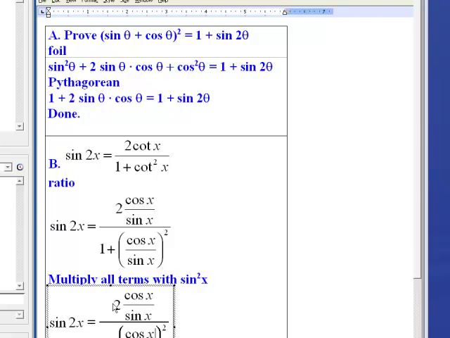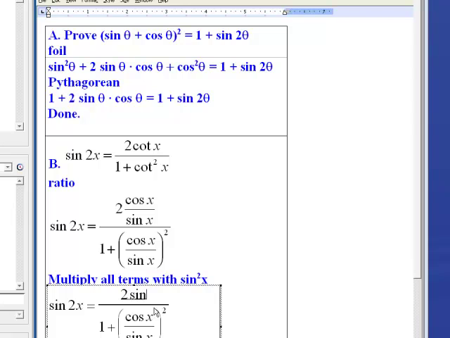So multiply everything by sine squared, which means in the numerator we have 2 sine cosine, as one of the sines cancels. And in the denominator we have a sine squared here, so we multiply by sine squared, and of course we get rid of it right here. So we have a simple cosine squared there.